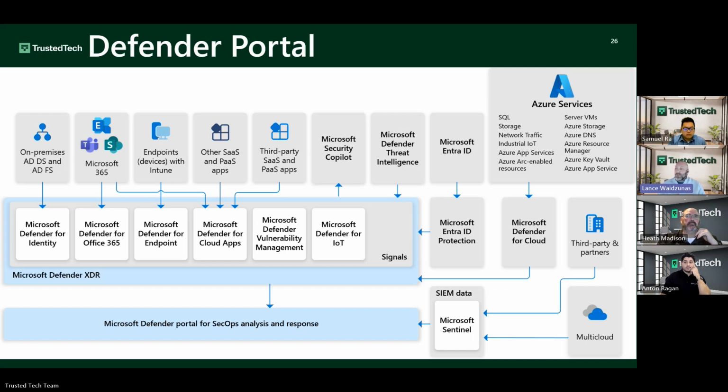All of this feeds through Sentinel into the Defender portal, where we can act intelligently on all of this data. So this creates our security operations. This is what lets us have smart threat hunting and intelligence, where we're not just seeing what's happening, we're taking action and being proactive about security.